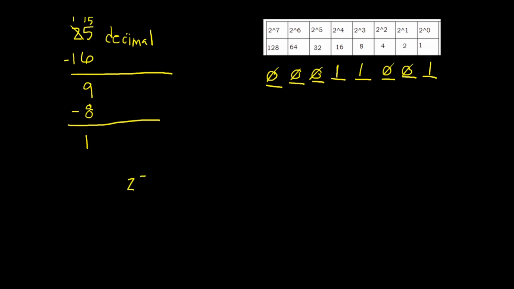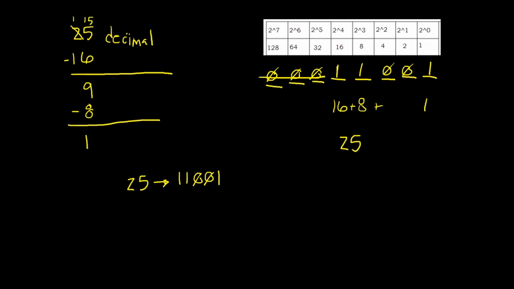So the number 25 can be represented in binary, ignoring these front zeros, as 11001. Now, to check our work, we can add 16 to 8 plus 1. So 16 plus 8 plus 1 equals, of course, 25.